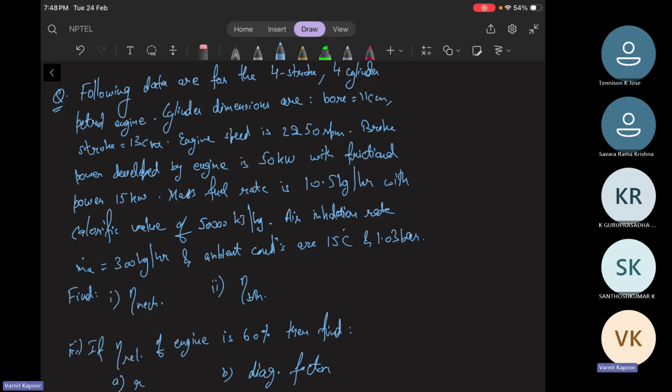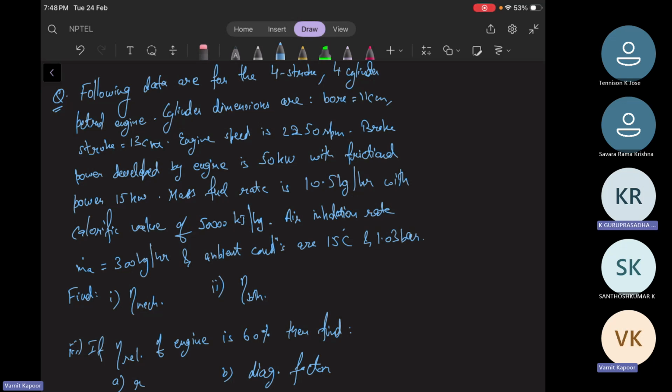Think about how you will approach this question. Everything that has been discussed has been asked. Most of the concepts with the numericals are covered from this till here. Mechanical efficiency is 76.92%. Okay, 76.92.